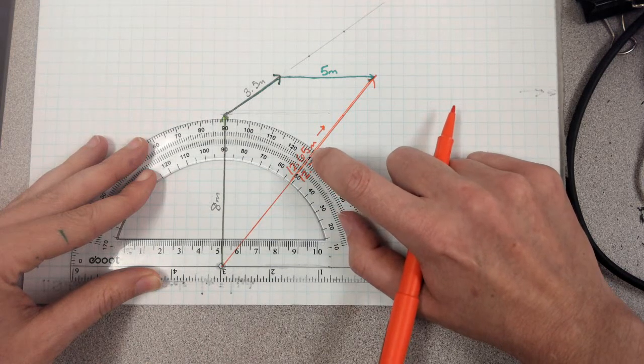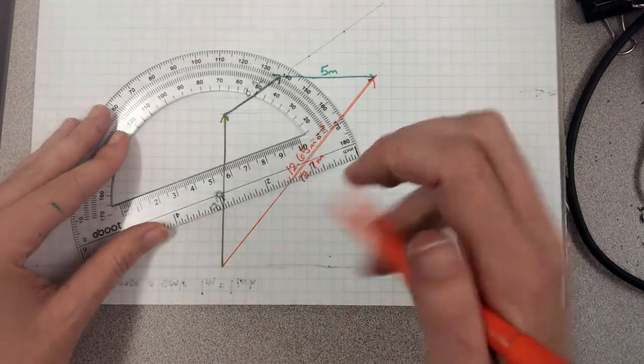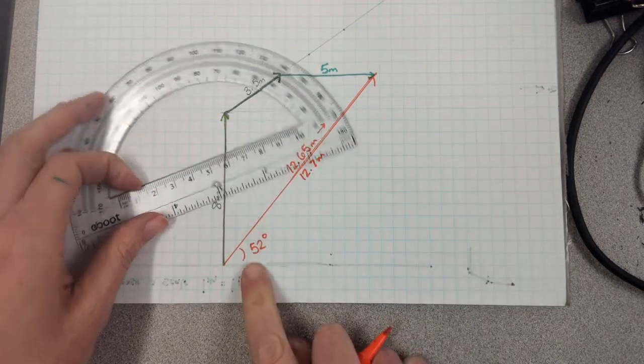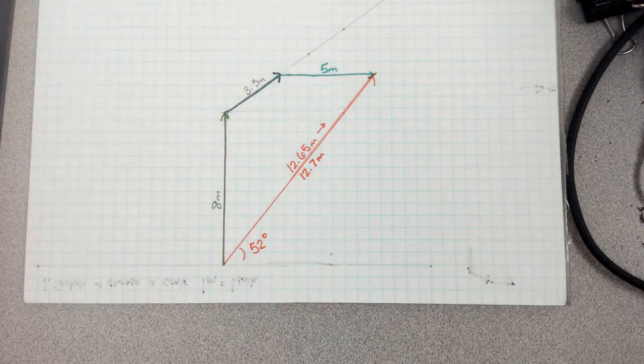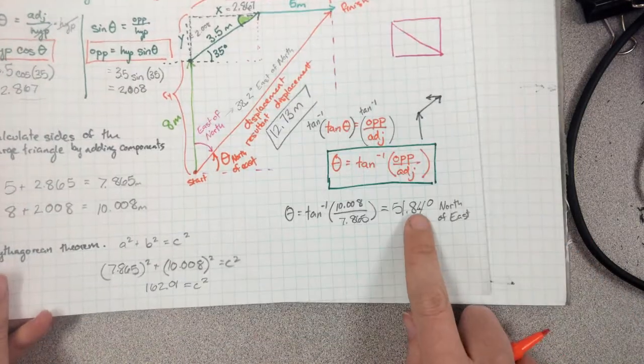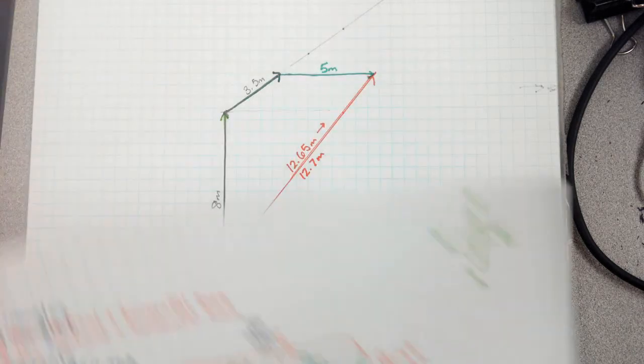So somewhere between 51 and 52. Maybe more like 52. And what did we calculate this one to be? Like 51.8. Right? So that's still also really close.